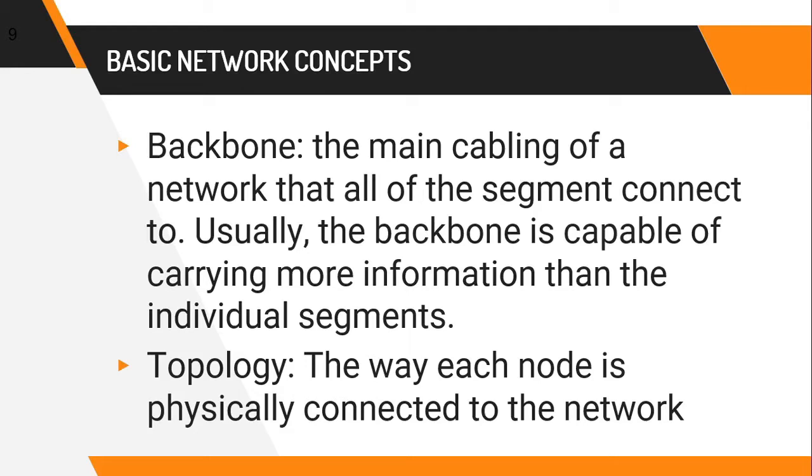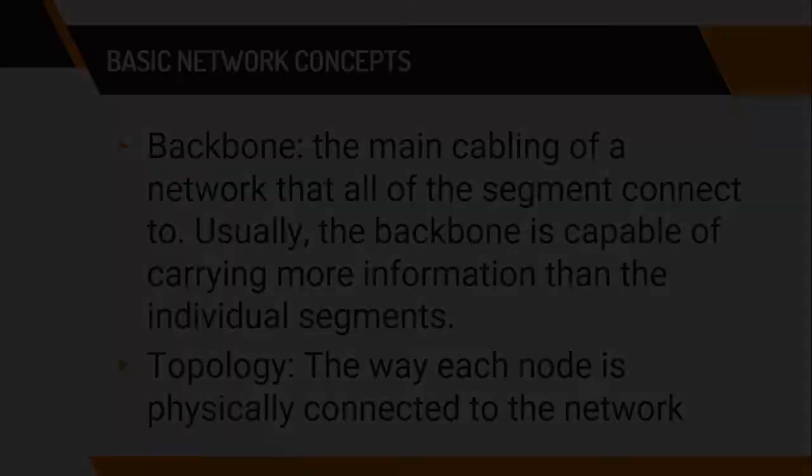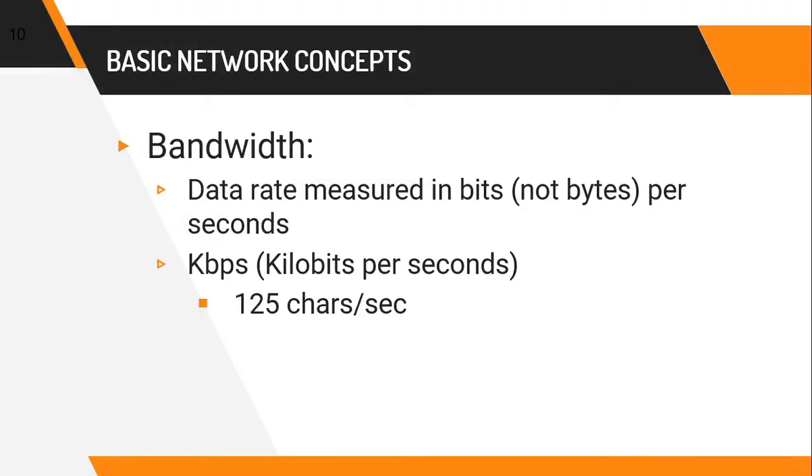Network topology is the topological structure of a network and may be depicted physically or logically. Bandwidth. Bandwidth is the maximum rate of data transfer across a given path. Bandwidth may be characterized as network bandwidth, data bandwidth, or digital bandwidth.